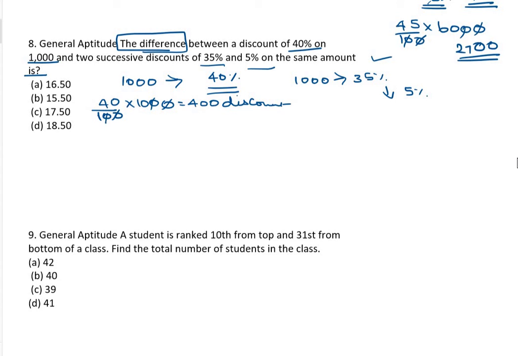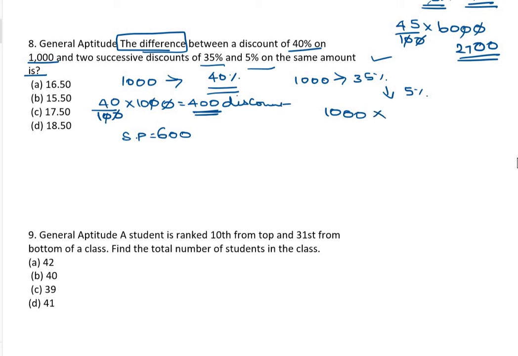The difference between the discount of 40% and two successive discounts on the same amount. The discount is 400, so we have to pay 600, the selling price. Come to the next one, two successive discounts.